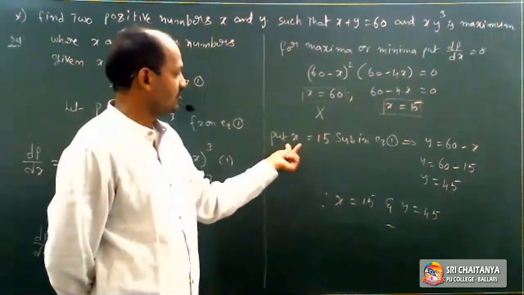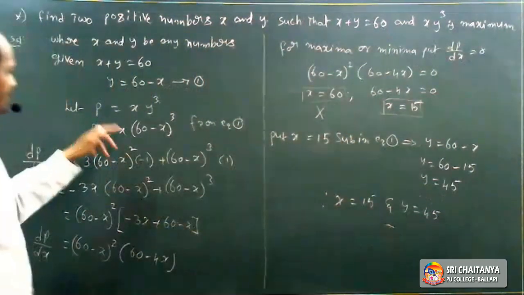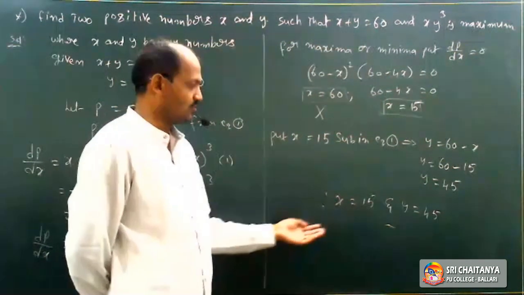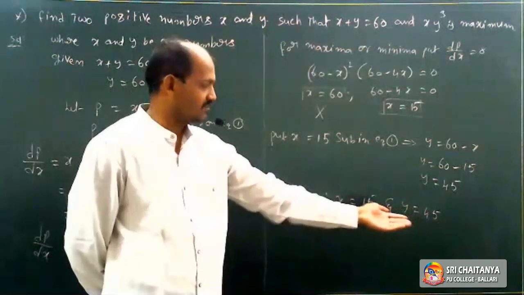Then put x equal to 15, substitute in equation 1, then we get y value 45. Therefore, two numbers are 45, 15.